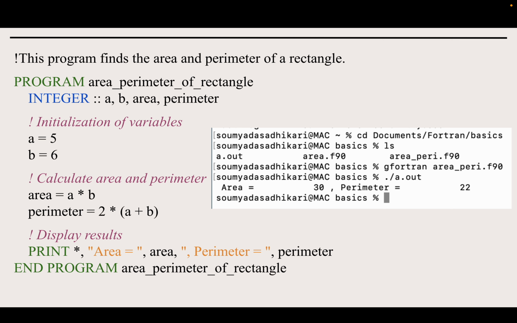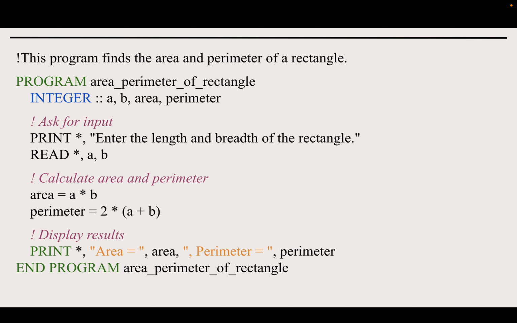So we can write a generalized code. For that, in this part we do not initialize the variables, rather we instruct the user to give the numbers from the keyboard.